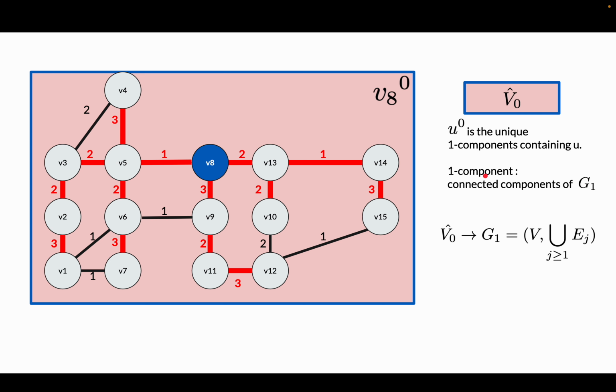Similarly, a 2-component is a kinetic component of G2. So U0 is the unique 1-component containing U, but since there is only one component, U0 is the whole graph. So we encircle it with the dark blue color.